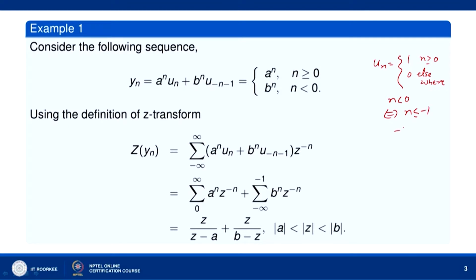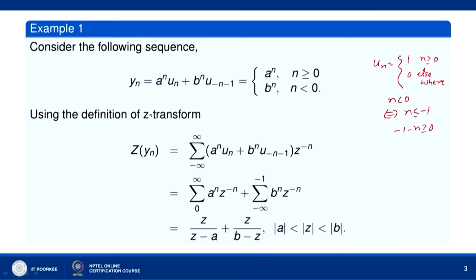So, we can say that minus 1 minus n is greater than or equal to 0, which means n is less than or equal to minus 1. So, when n is less than or equal to minus 1, u[-n-1] will be equal to 1, and u[n] will be 0. So, y[n] will be b to the power n. So, y[n] is equal to a to the power n when n is greater than or equal to 0, b to the power n when n is less than 0.